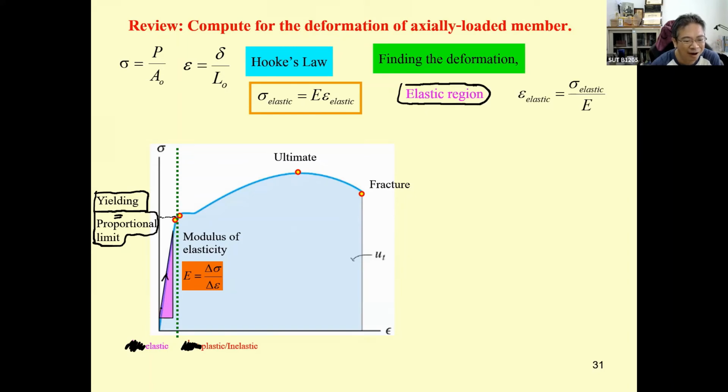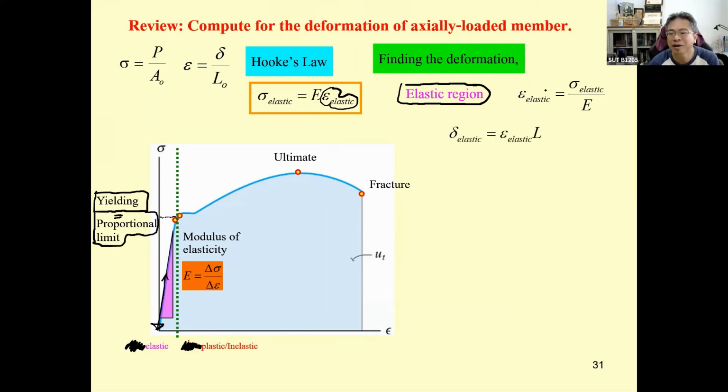If you consider the stress in this elastic region, so the strain in the elastic region will be the stress divided by E. And then you will have the strain.